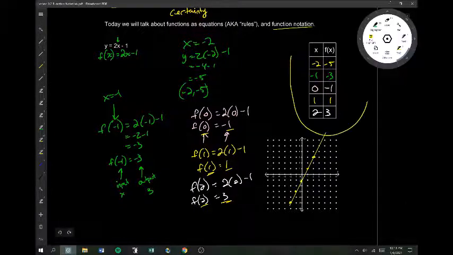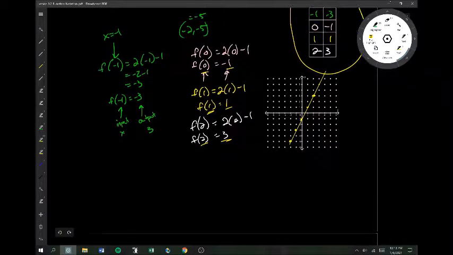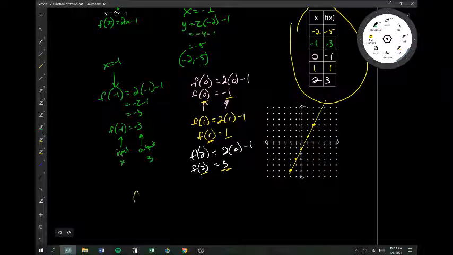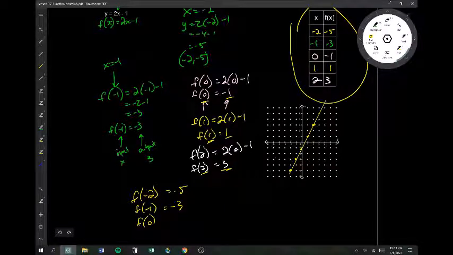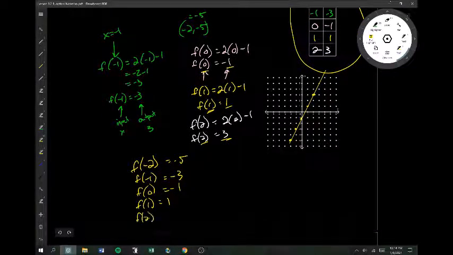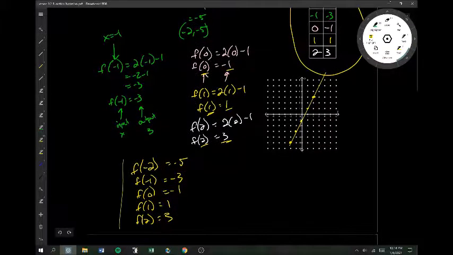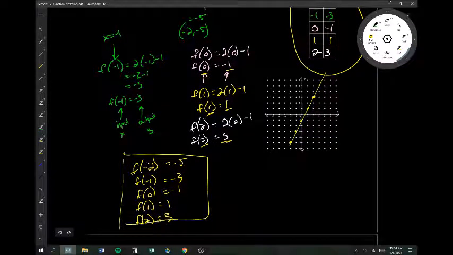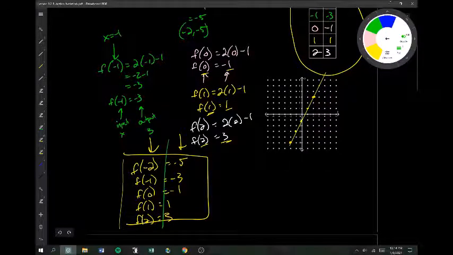Really, I could take this table here and write it as a collection of inputs. We had f of -2 equals -5, f of -1 equals -3, f of 0 was -1, f of 1 was 1, f of 2 was 3. See how this is like a table? Here's all the inputs, here's all the outputs, but I could draw it kind of like this.